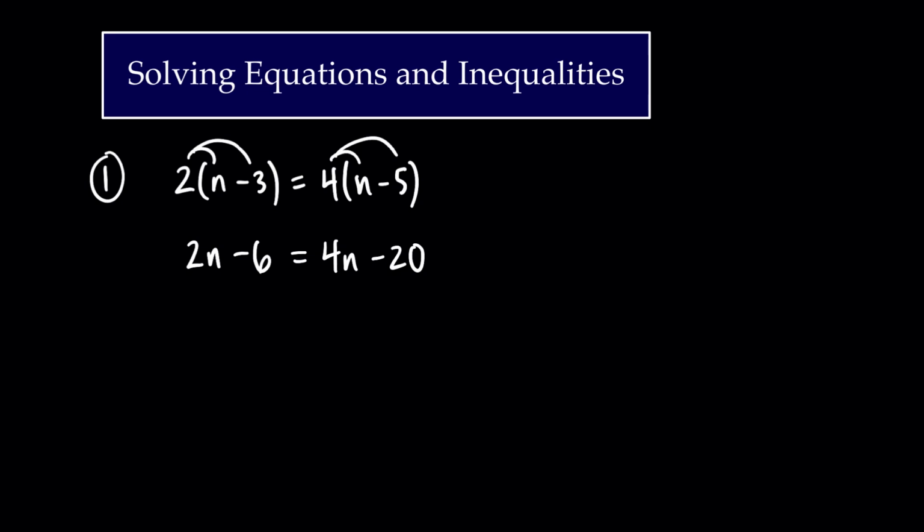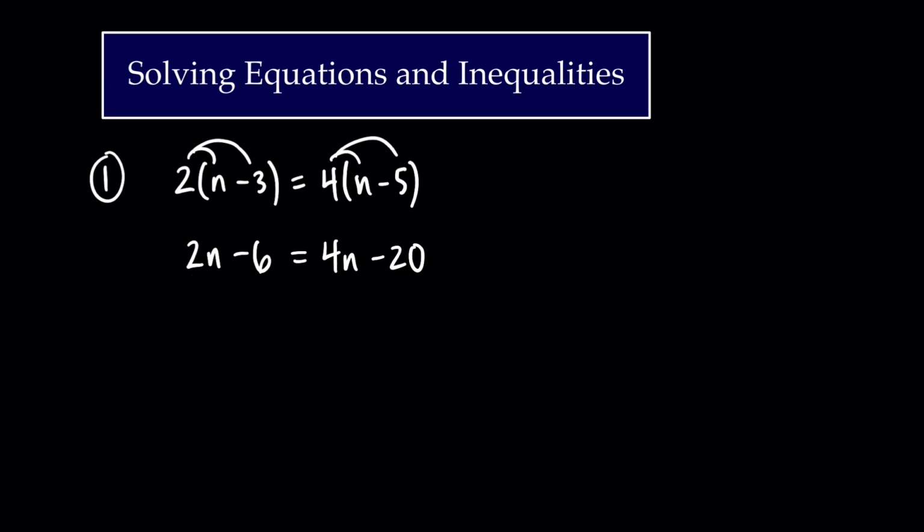And how you proceed to solve this is kind of up to you. Some people solve it differently than me. What I generally like to do is keep the variables positive. At this point, what we're trying to solve for is n, and we've got 4n over here and 2n over here.